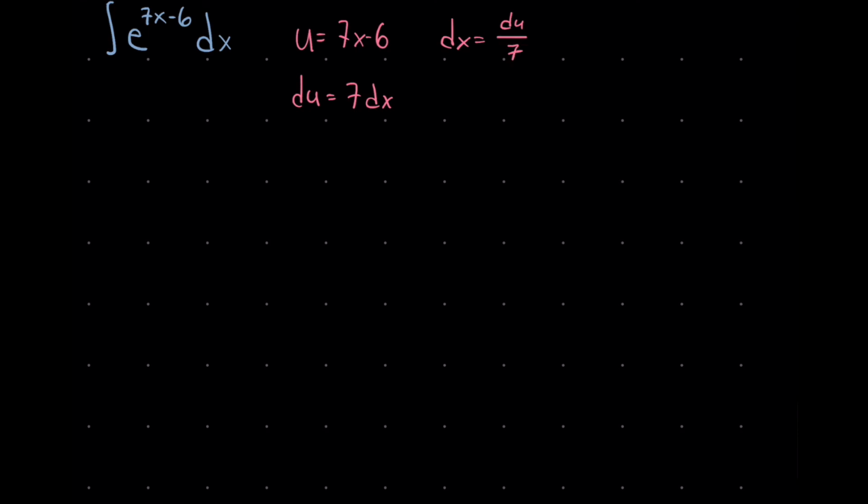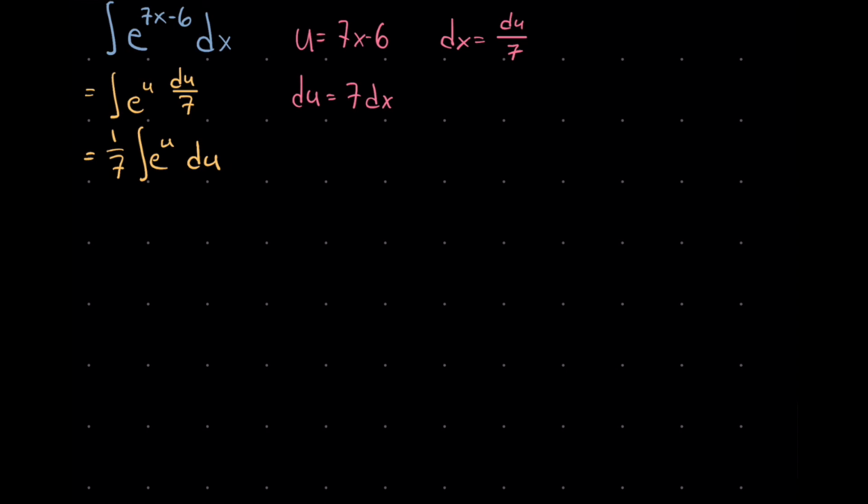And so now we want to put this back into our initial equation. Now by using substitution, we get that this is equal to the integral of e to the u and du over 7. What we're going to do here is just take the 7 out to the front, 1 over 7. So we have 1 over 7 times the integral of e to the u du. And so e to the u is one of the easiest antiderivatives to remember.